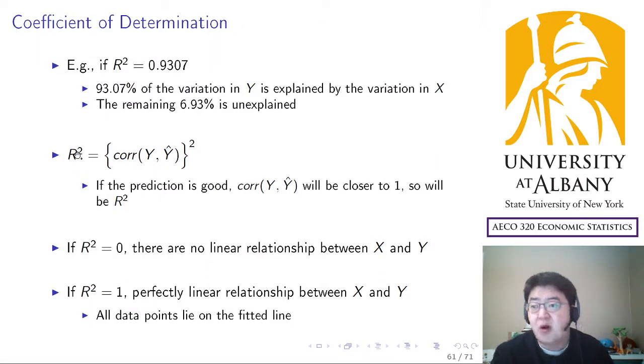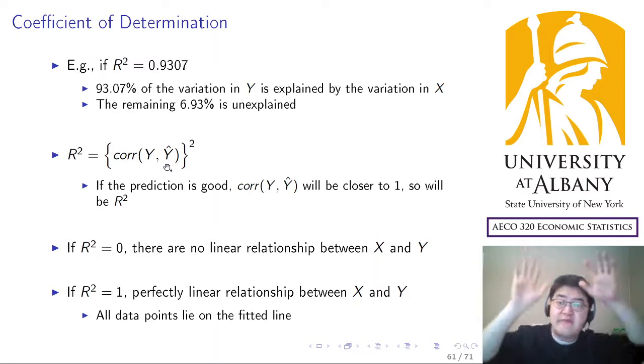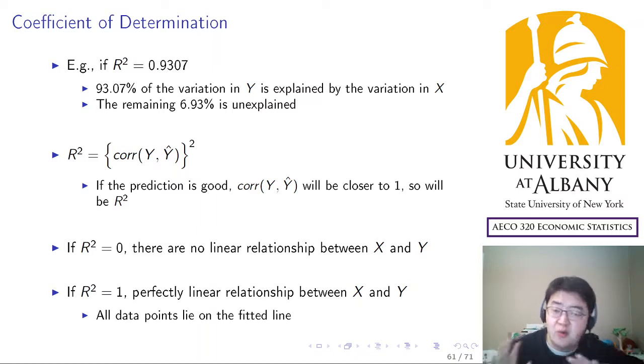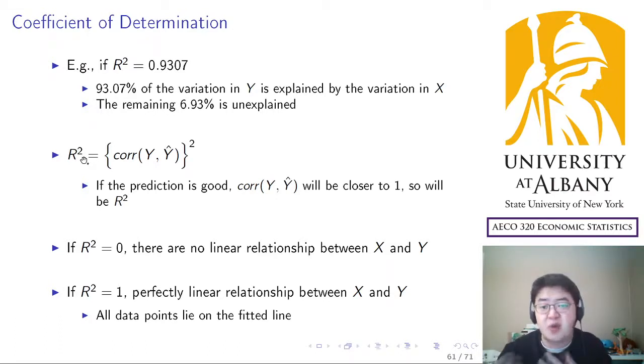And why is it denoted as r squared? Because alternatively you can obtain r squared by calculating the correlation between actual observations and the fitted values. Remember, you have fitted values as many as the actual observations, so you can calculate their correlation. And r square happens to be its square, because r square was defined by sums of squares, so you have to square the correlation here.